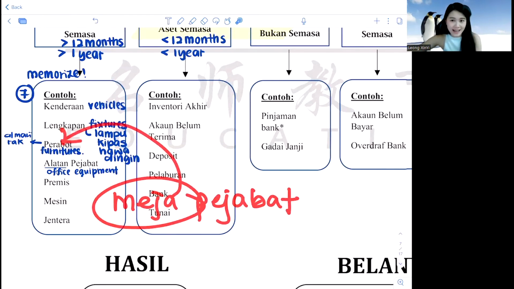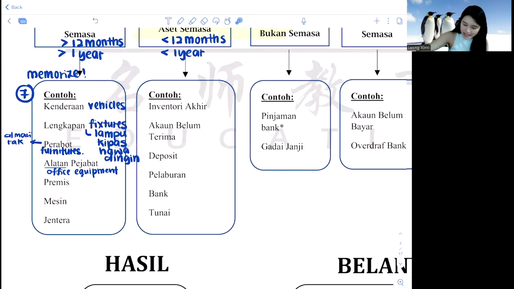That is right. Okay, so be very careful because they always trick you guys like this one. Okay, so alatan pejabat we have such as computer, to help you with works in office. Okay, so computer, we will also need a machine pencetak, which is printer in BM, or even photostat machine, photostat, same thing. Okay, all right, so this is alatan pejabat.